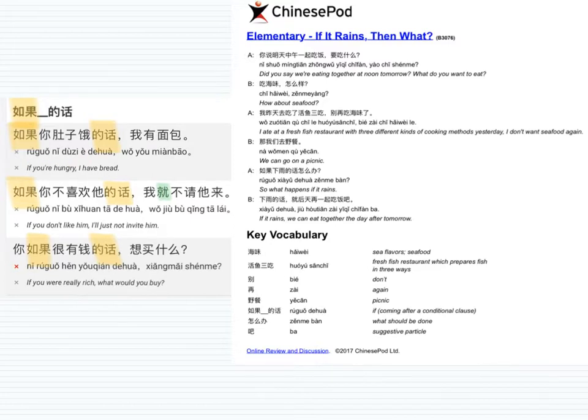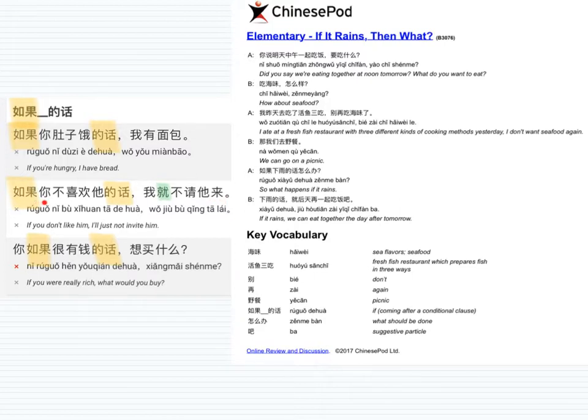You can say 我肚子饿. In this case, 如果你肚子饿的话，我有面包. I have some bread I can give you.